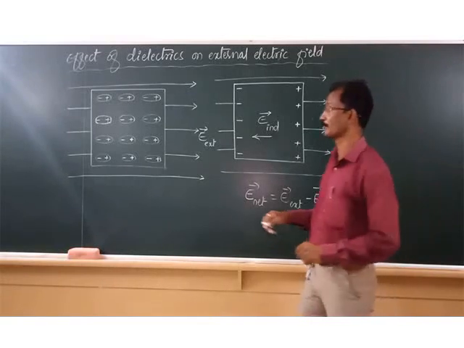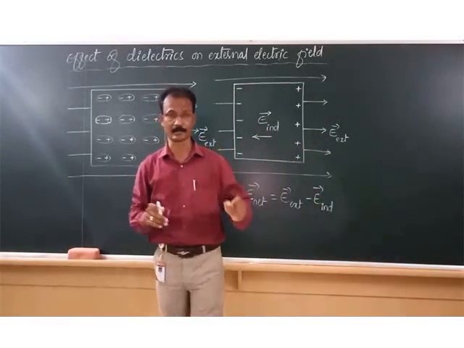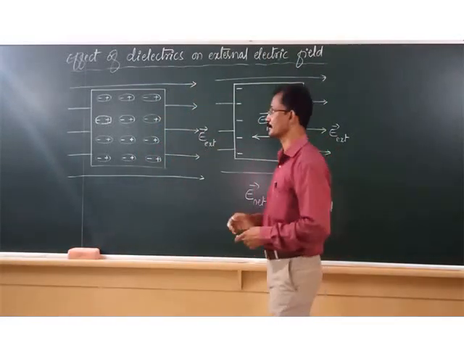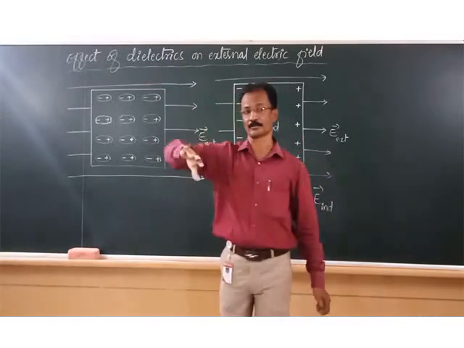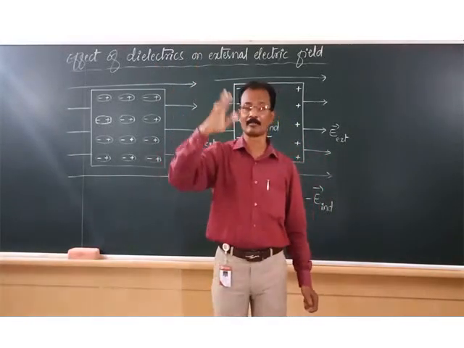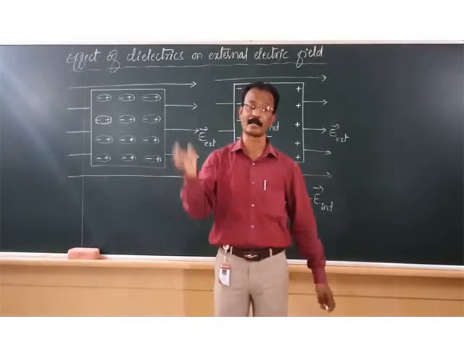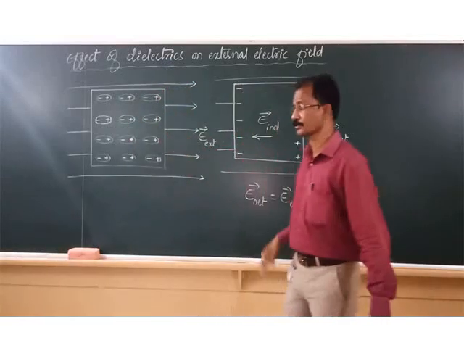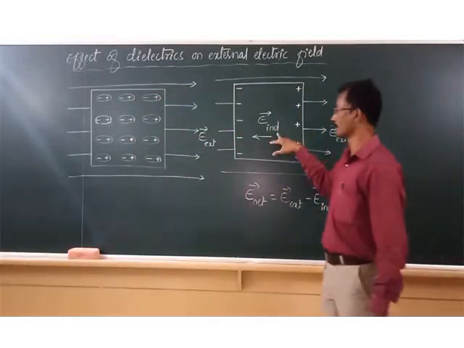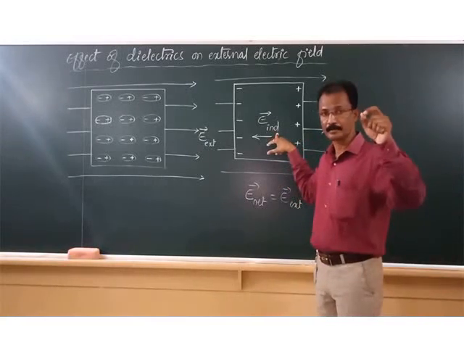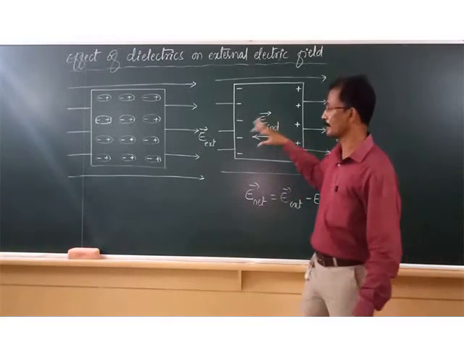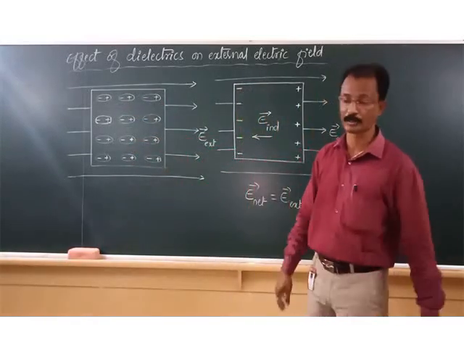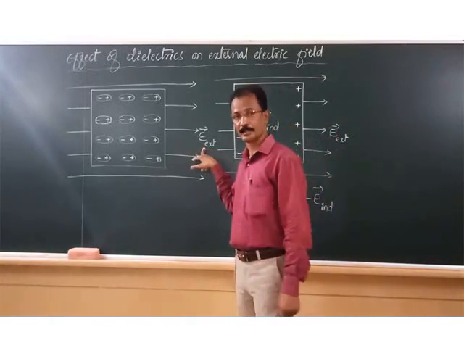First, to define, dielectrics are nothing but insulators which affect the electric field in which they are placed. Dielectrics are insulators. In whatever medium, in whatever external electric field we place them, they affect that electric field. When a dielectric is placed in an external electric field, an electric field is induced inside the dielectric slab because a net dipole moment is produced due to alignment of molecular dipoles in the external electric field.